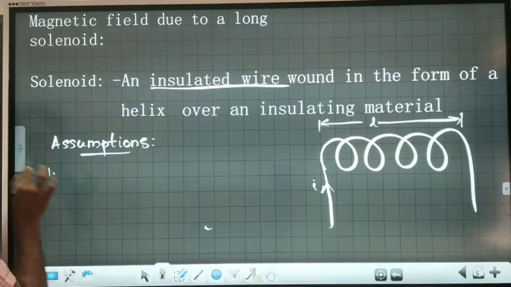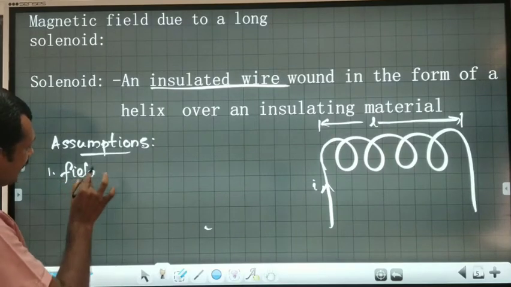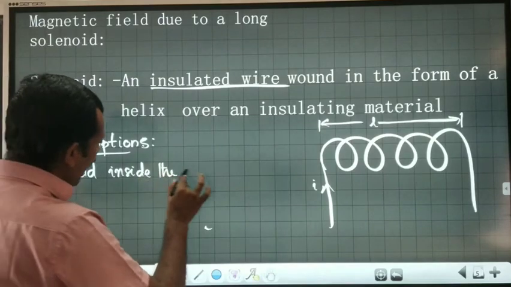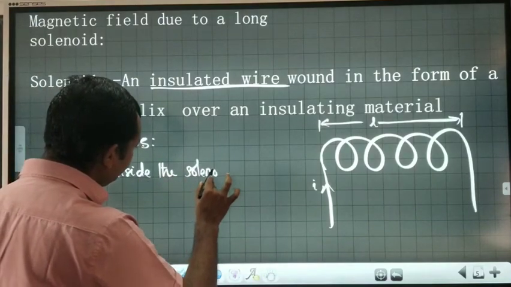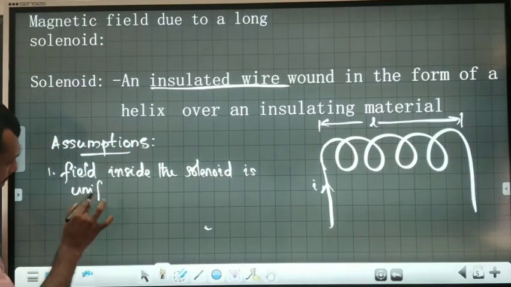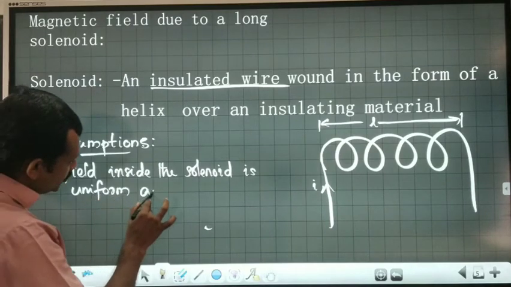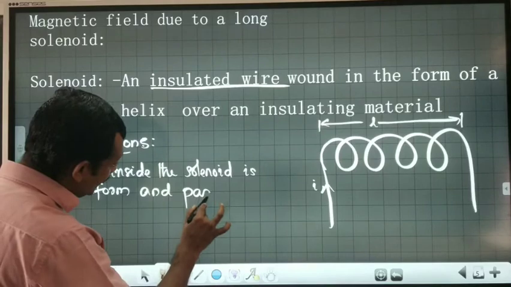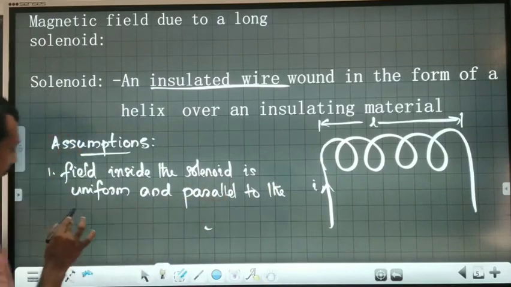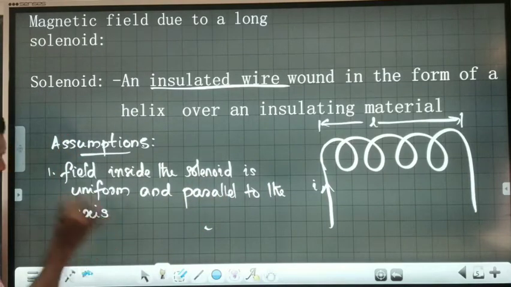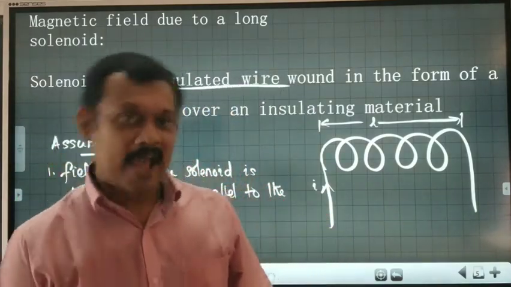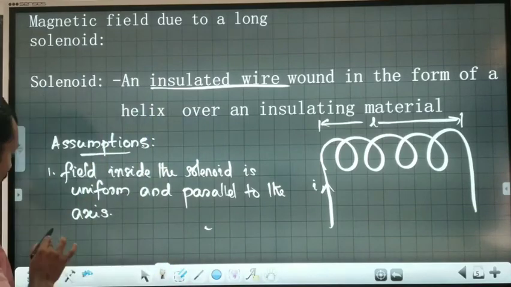Assumption number one: the field inside the solenoid is uniform and parallel to the axis. The field inside a solenoid is uniform and parallel to the axis.